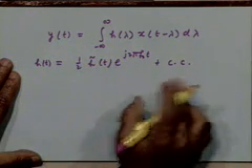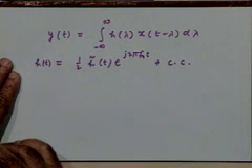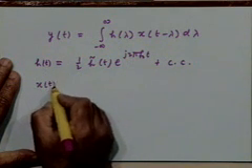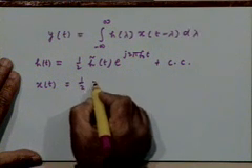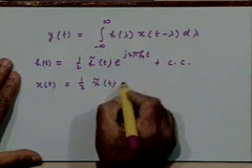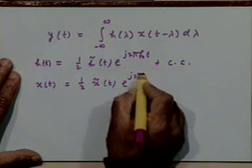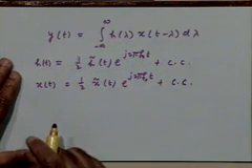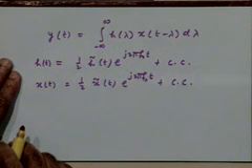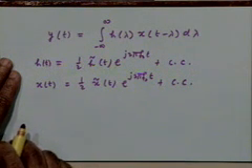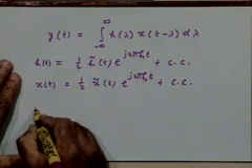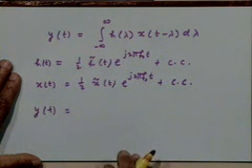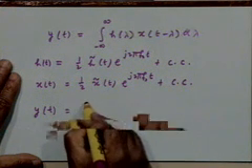Here CC denotes complex conjugation. Similarly, x of t can be written as half of x tilde t e to the power j 2 pi f naught t plus its complex conjugate, right? Therefore, y of t is a fairly mechanical operation that I am carrying out. So what will you get?